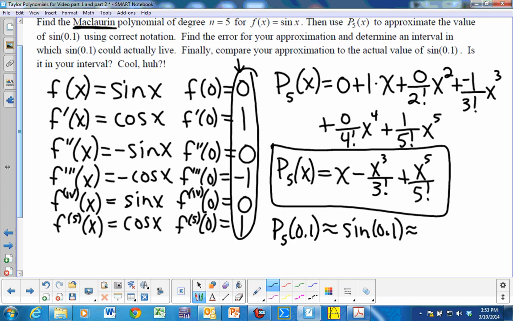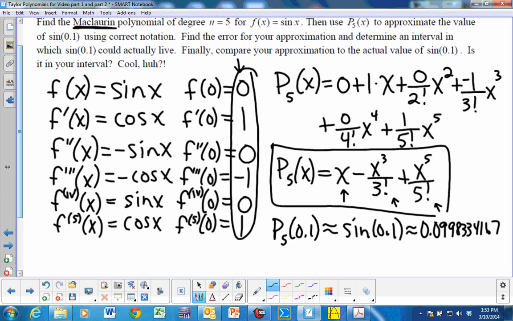Take your calculator and plug in 0.1 here, 0.1 here, 0.1 there. So actually do that in your calculator, and you will get 0.998334167. And that's where I was telling you to change it to float. Otherwise you won't be able to see that. So do it in your calculator and make sure you do get that answer.